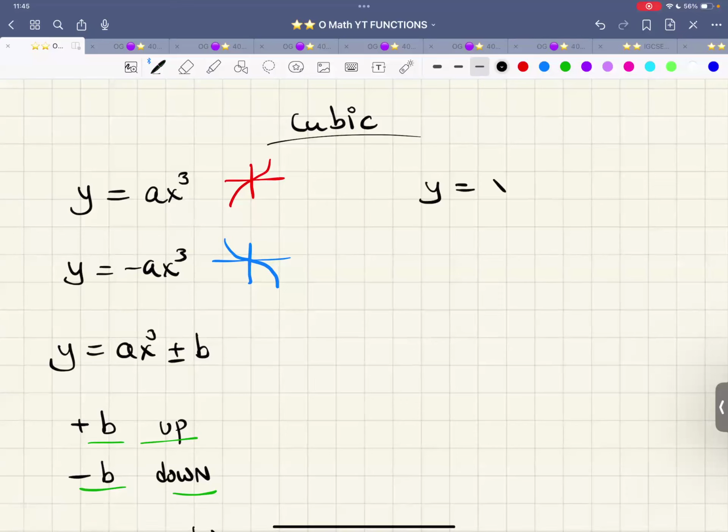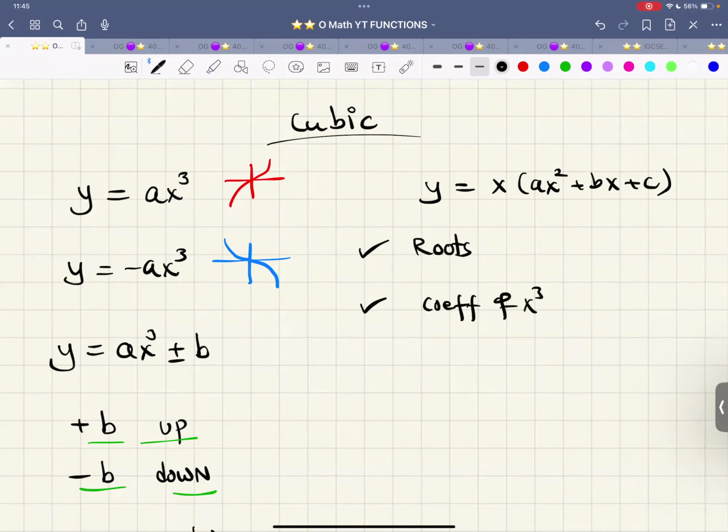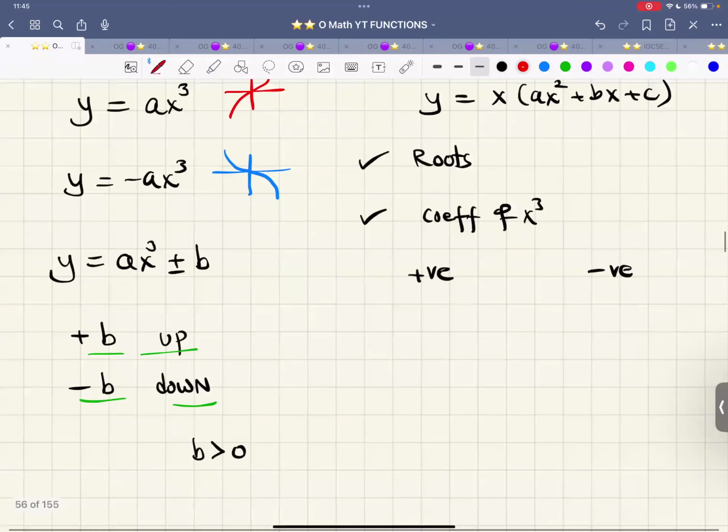And then the next type is this thing: y equals x common, ax square plus bx plus c. Over here, focus on the roots. That's one thing. Focus on the coefficient of x cube. If it's positive, top right till bottom left.